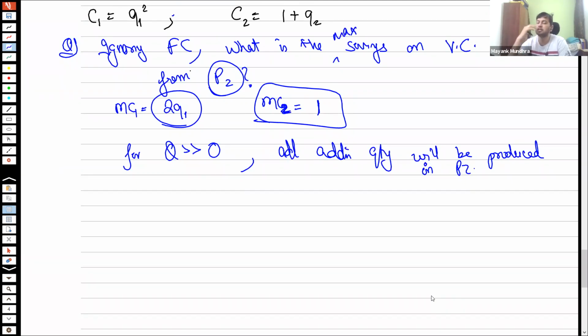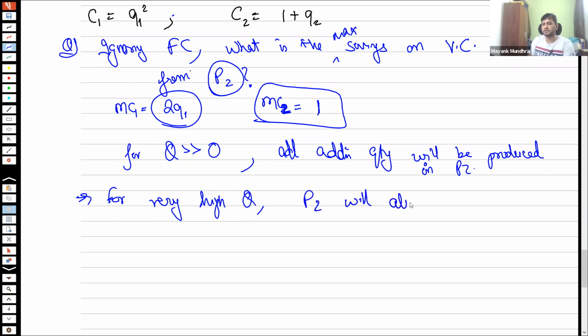So one thing is clear from here, that for very high Q, plant 2 will always be operational, irrespective of the fixed cost.